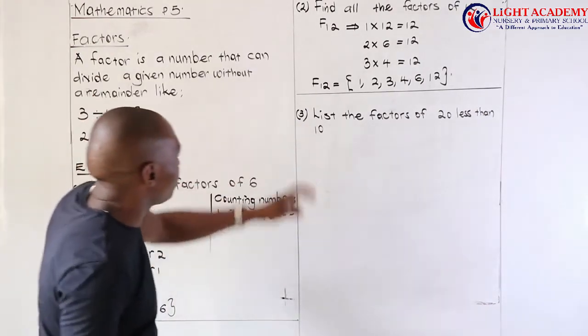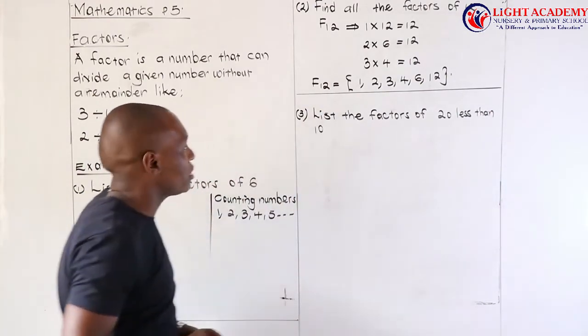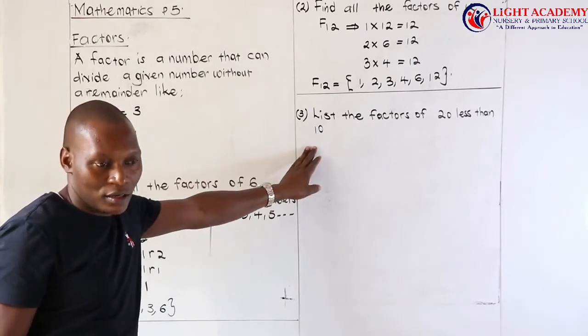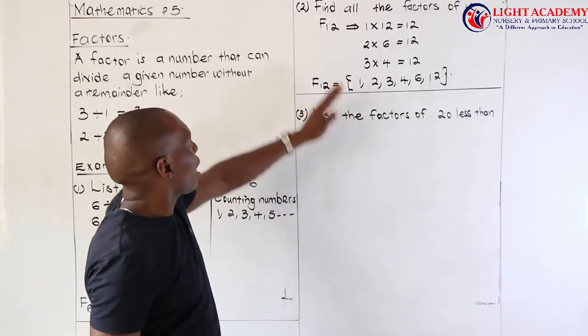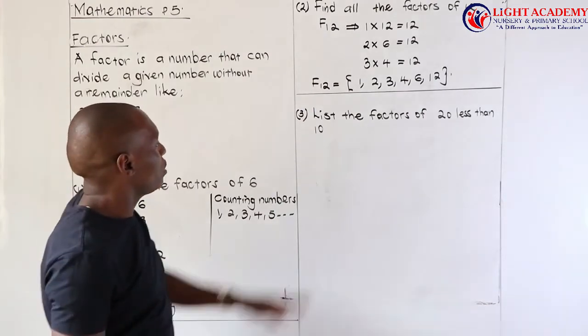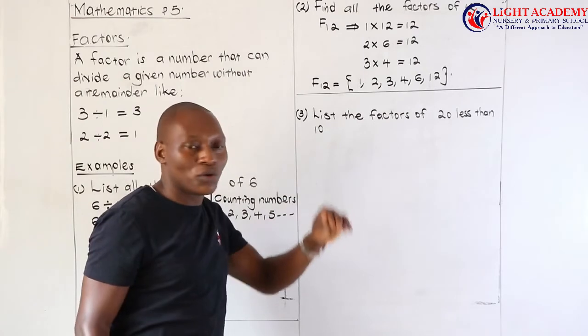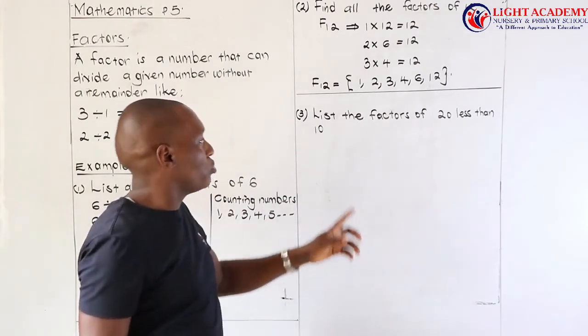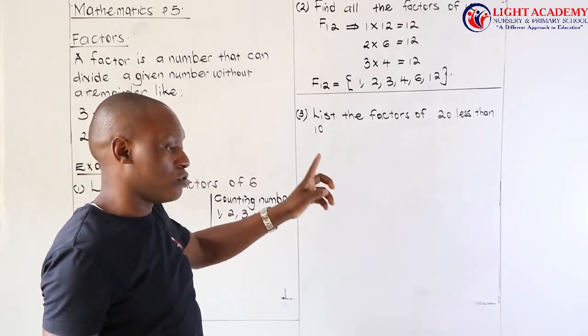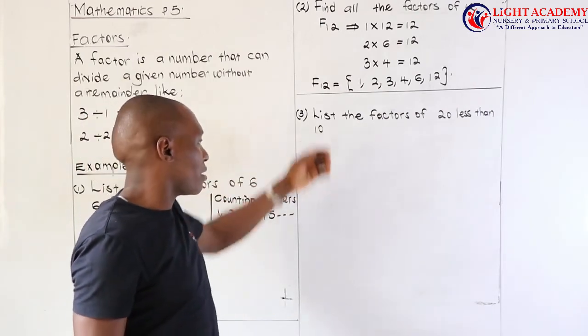They are saying list the factors of 20 less than 10. What are we supposed to do? I'm going to use the method of listing the multiples. So in this question, they are telling us to get the numbers that you can actually divide 20 by and you don't get a remainder, but they should be smaller or less than 10.